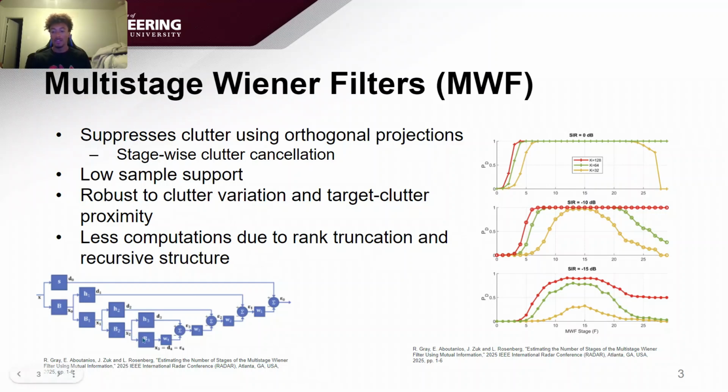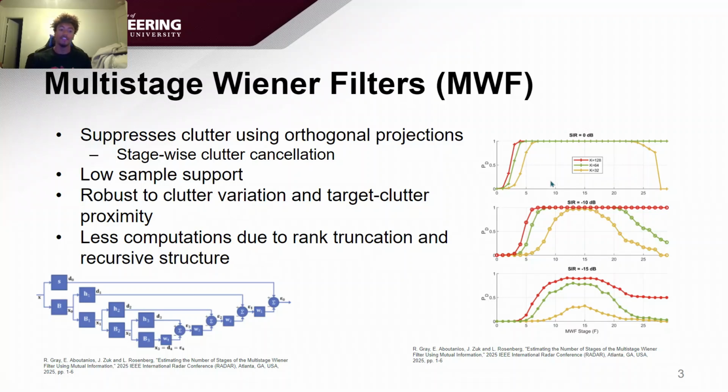This keeps happening until it gets to the final Wiener filter, which takes in all that data and outputs a matrix providing the data for the target. This technique allows for low sample support, robustness to clutter variation and target-clutter proximity depending on the estimator you use, and fewer computations.